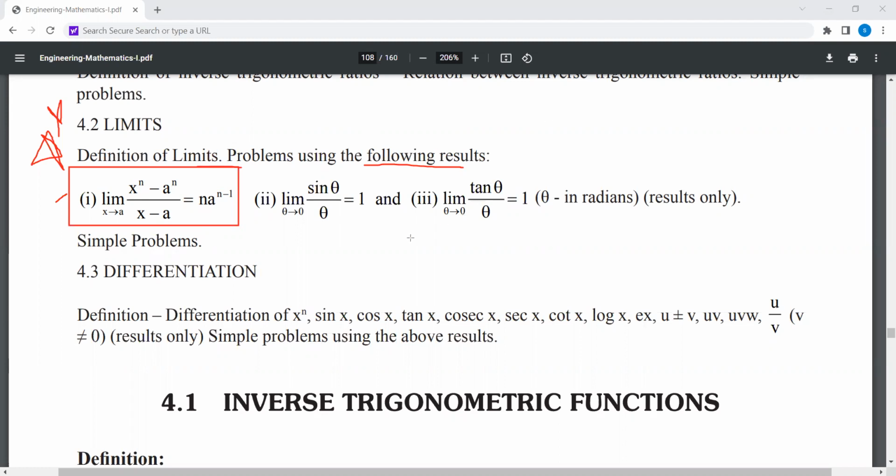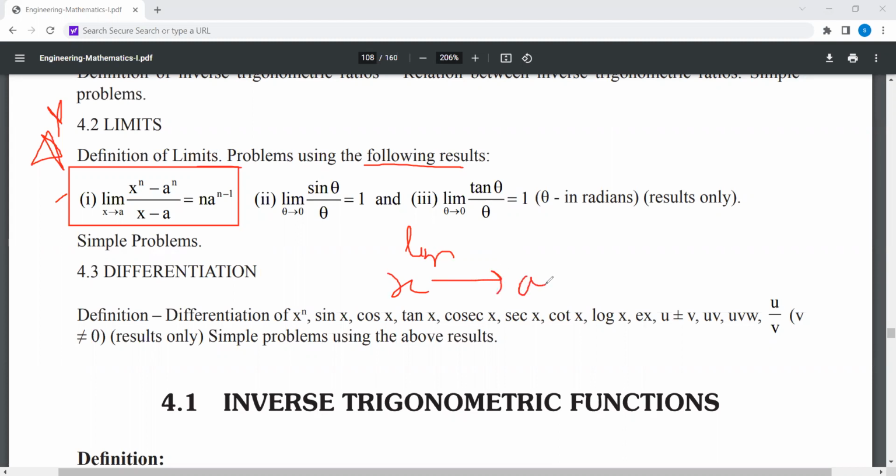The formula is limit x tends to a. x is a variable, a is a constant term.